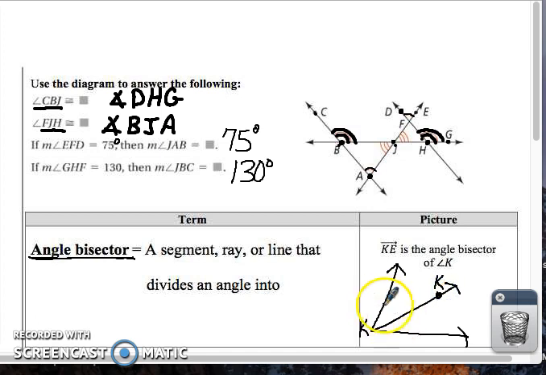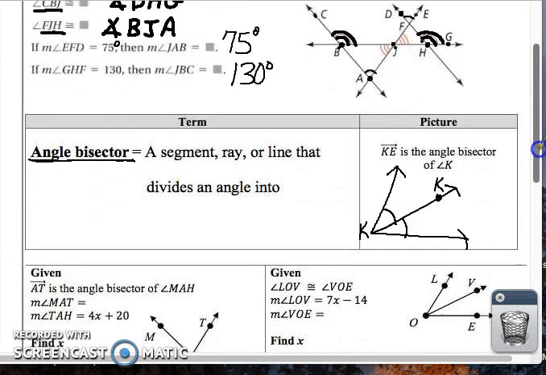Well, it splits this big angle into equal parts. That means this angle here is congruent to this angle here. Those two angles are congruent to each other. They are equal in measure.